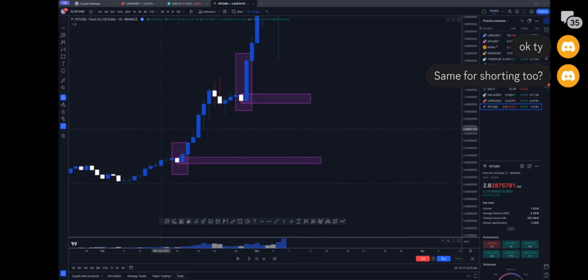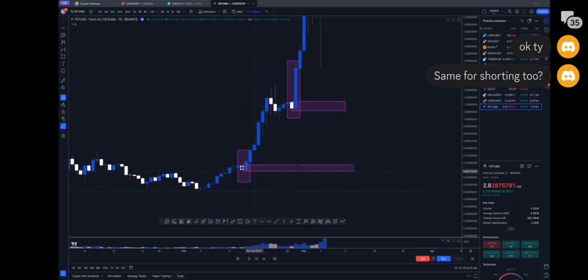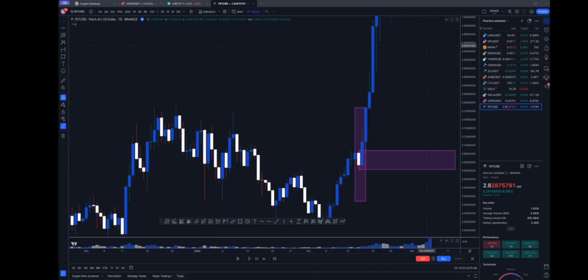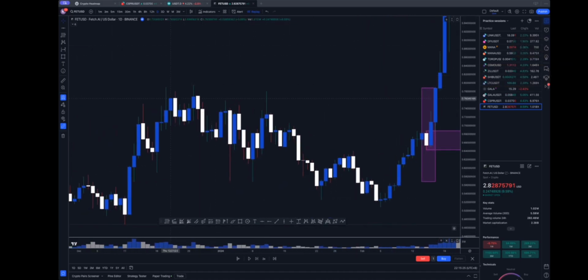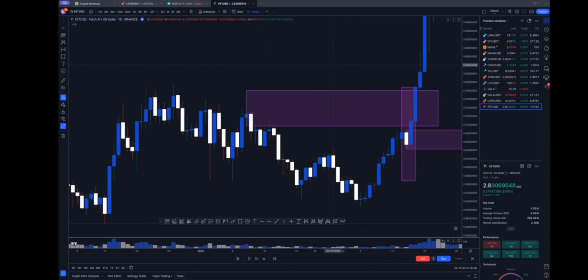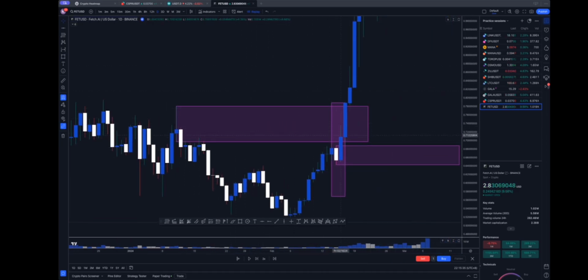Shorting, the way you see short versus long, it's just the color switches. So in this case, over here, this would be an order block for short. But then you'll realize how this completely demolished this order block, right? This price action didn't even flinch.